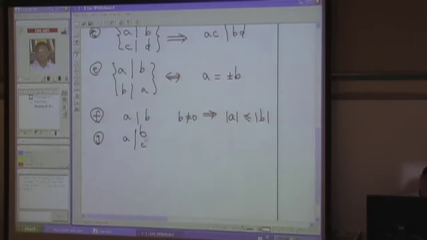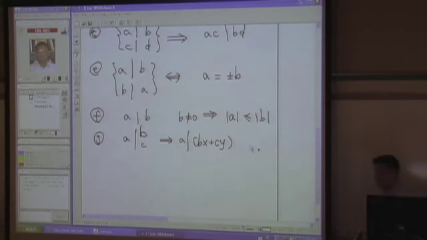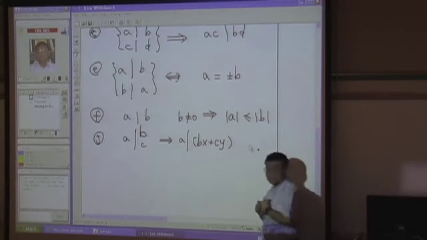If A divides both B and C, then A divides BX plus CY. So all these things were covered last time, and if you have a question up to this point, ask.